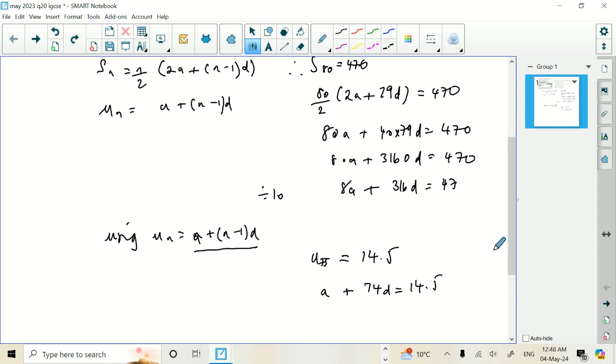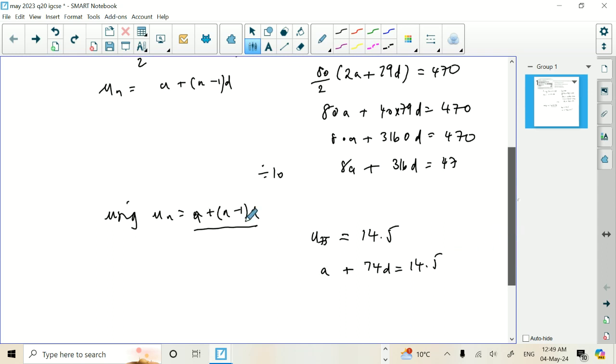But I've got to make it alike because I'm going to solve simultaneously. Using the elimination method, let's call this equation 1, and let's call this equation 2.